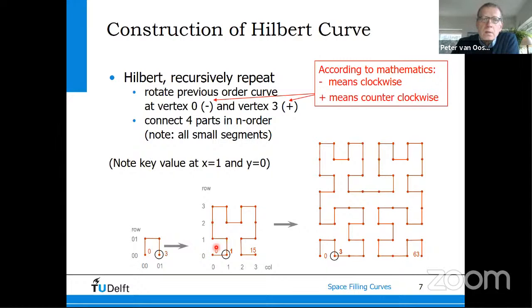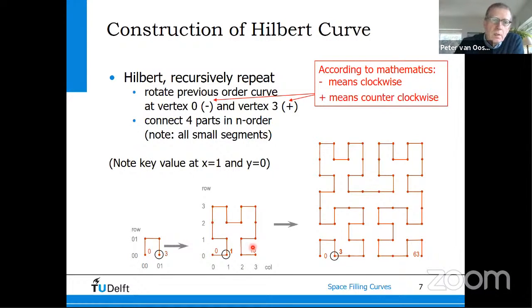And that means clockwise. So with the clock. That is what mathematicians call negative rotation. And at position 3, this is position 3 over here, we rotate it positive, meaning counterclockwise, in the other direction.